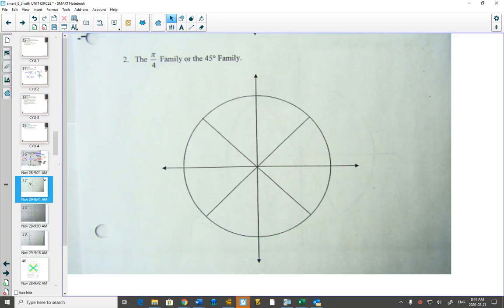The next family is the 45-degree family. So the 45-degree family means that the angle in quadrant 1 is 45 degrees because it has a reference angle of 45 degrees. So everything in the 45-degree family has a reference angle of 45 degrees. So if I go to quadrant 2, see if you can think, well, what angle would that be in quadrant 2?